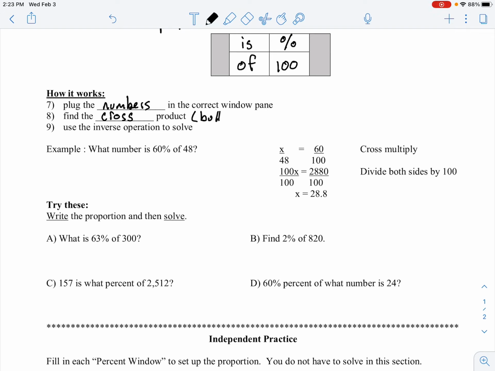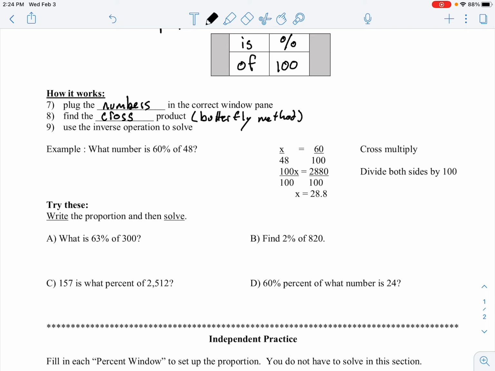Remember, that's the butterfly method as well. That's what some of us may have heard quite a bit. And then we'll use inverse operations to solve. I'll work through this whole one with us, even though it kind of shows it to us here.